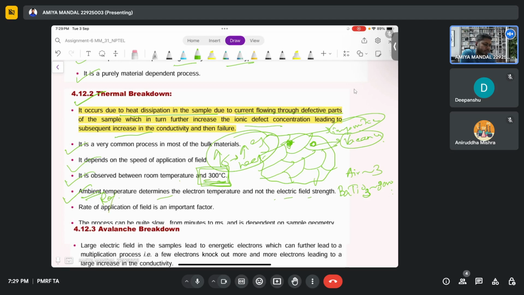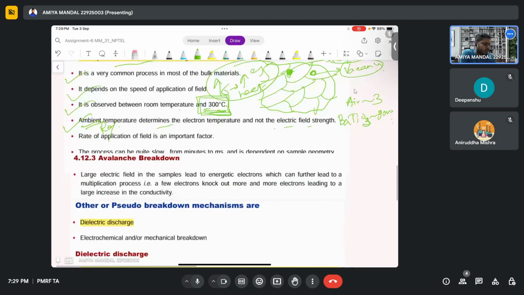The rate of application of the field is also an important factor. Okay. And avalanche breakdown is nothing but a large accumulation of electrons, leading to a large increase, which can further lead to a multiplication process.